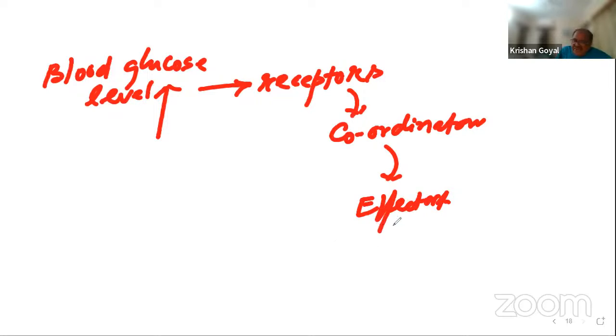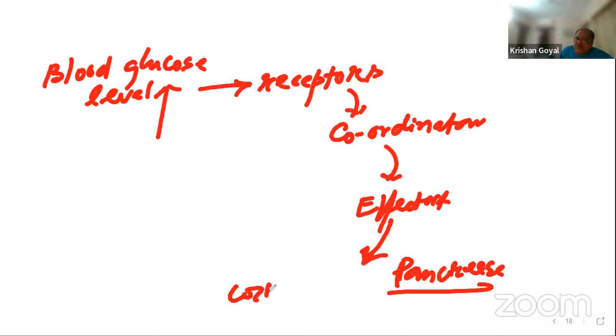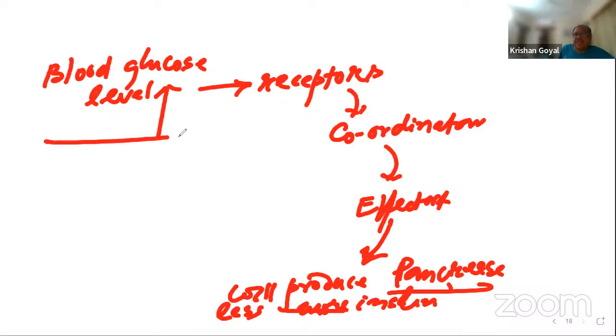Now, as far as effector, the pancreas will produce more insulin. Immediately the body will tell us within seconds, now I'm okay.